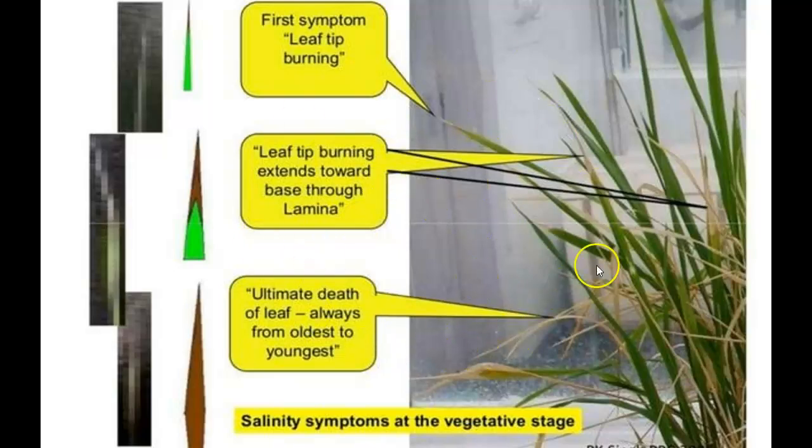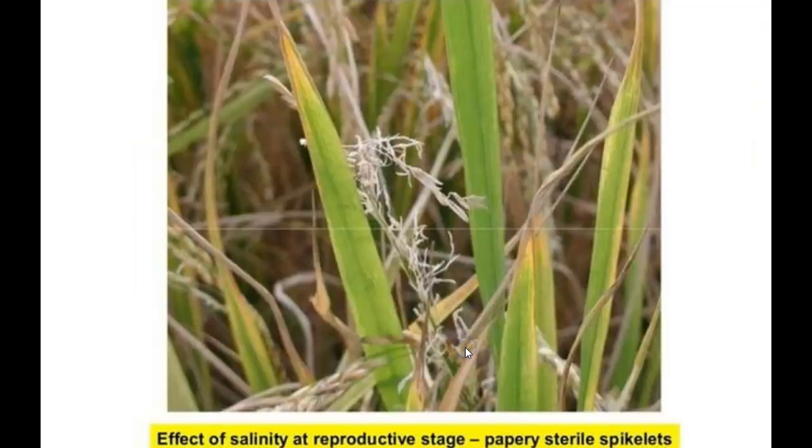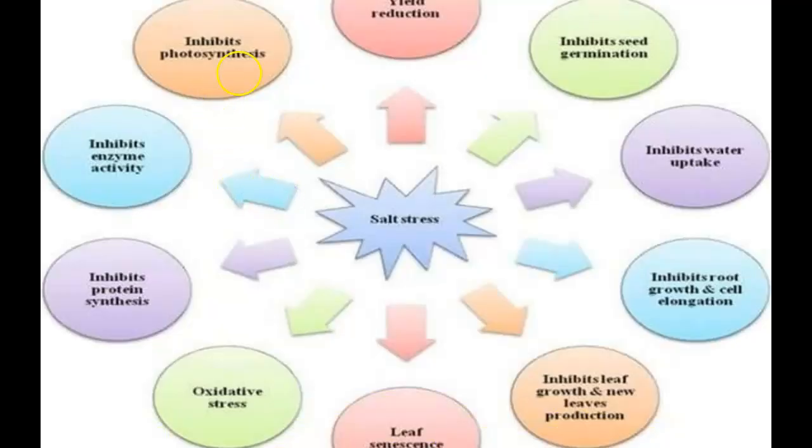This diagram is also showing how the tillers are negatively affected under salt stress. This is another example at reproductive stage, where pistillate spikelets will be produced under salinity stress.